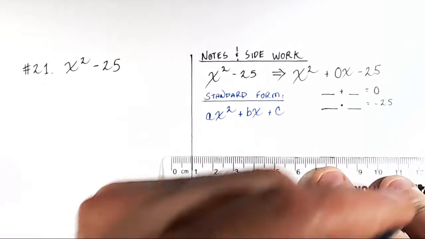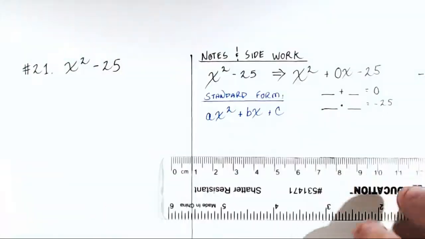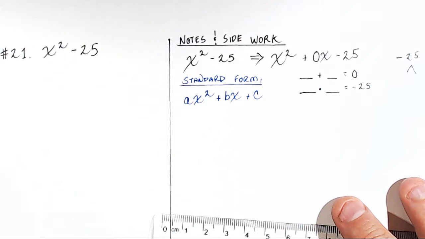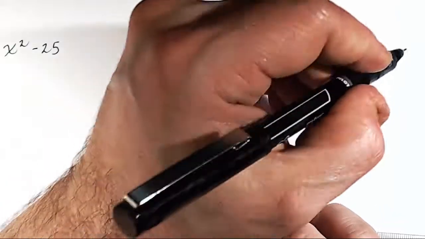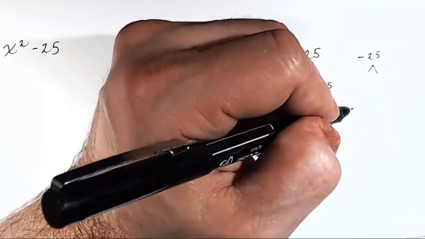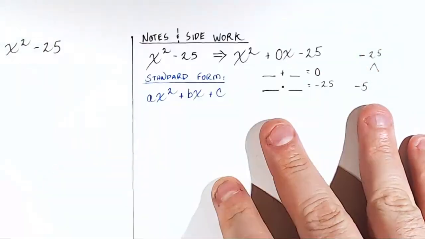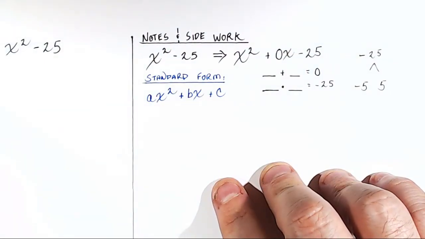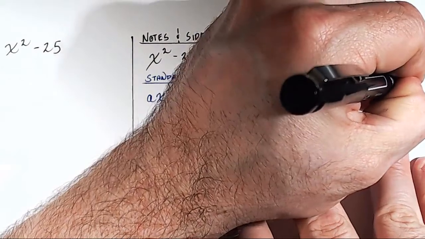Well, if you don't know, you could take negative 25 and factor it. Okay, let me move this over a little bit. So here are the factors of negative 25. We have negative 5 and 5. Now, negative 5 times 5 equals negative 25, and negative 5 plus 5 equals 0.